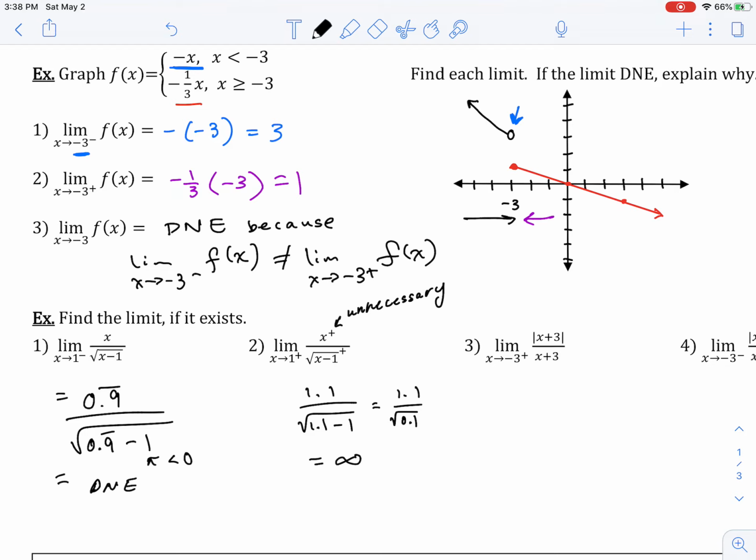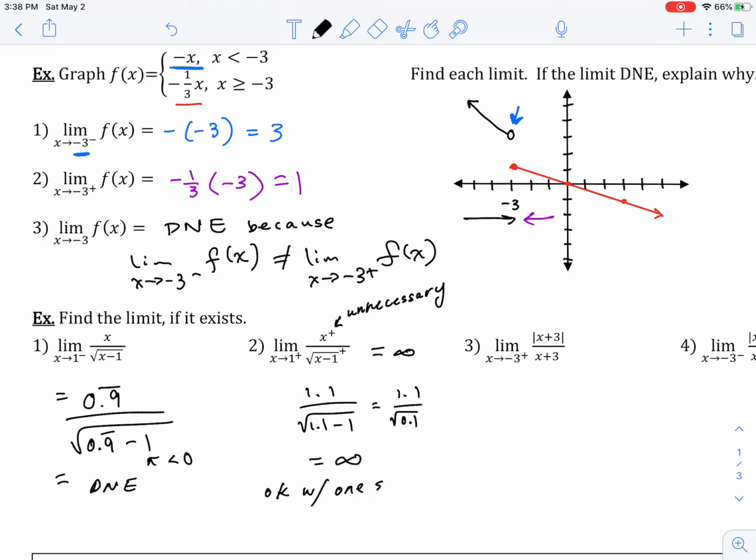Now, remember what infinity means in terms of a limit. Infinity cannot be a limit for a function, but in calculus, it's often used to describe a one-sided limit because it actually gives us a little bit more information. So it is not inaccurate to say that this limit is equal to infinity. You're allowed to say that when you're describing a one-sided limit.